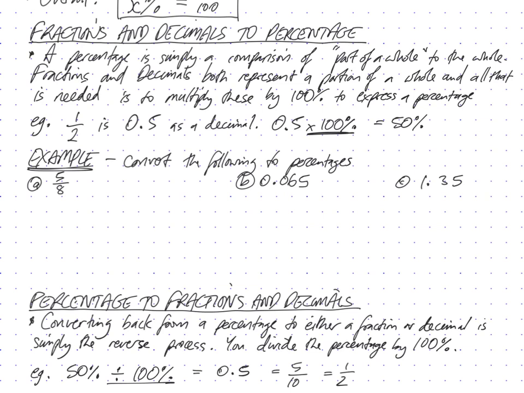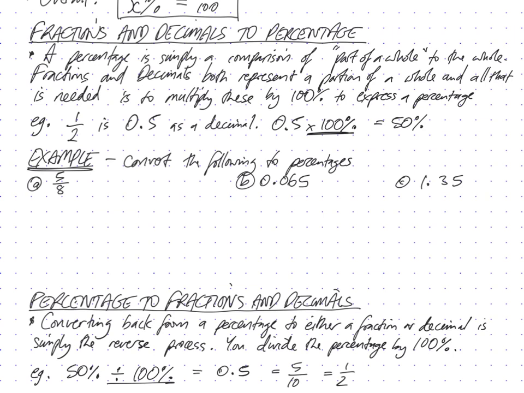And so if I times 0.5 by 100%, because to convert a fraction or a decimal to a percentage you times it by 100%, it becomes 50%. So all I need to remember is: get the fraction, make it a decimal, multiply that decimal by 100%, and you'll have it.